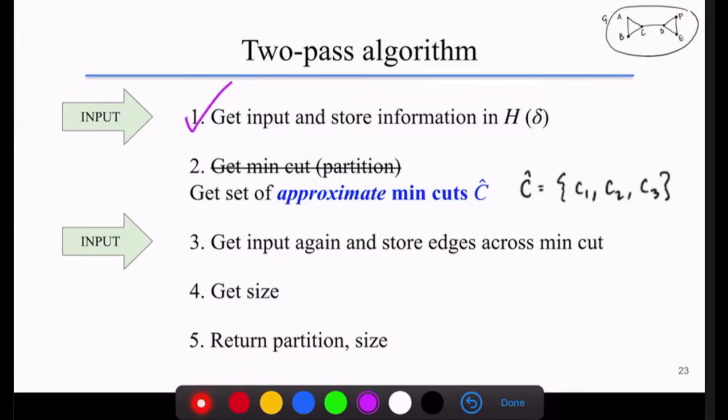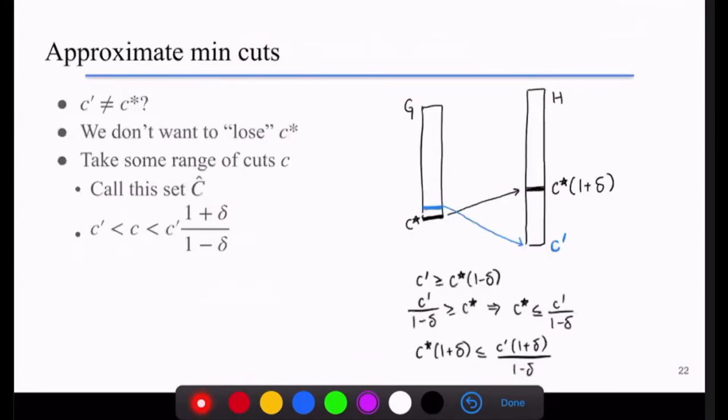Can we go over how we found the upper bound on that range again? Because we know C prime, we just run the min cut algorithm on the sparsified graph H. But how do I find C star 1 plus delta? Right. So all we're doing is C hat can only be so much less than C star.